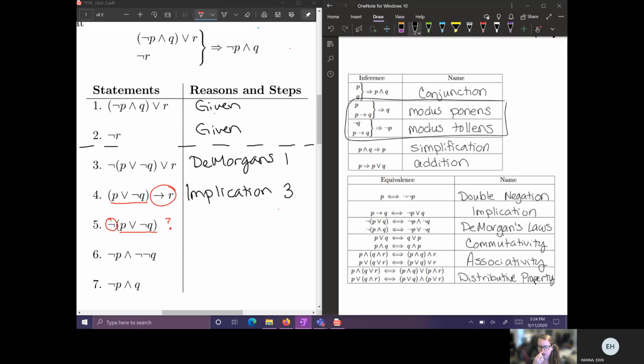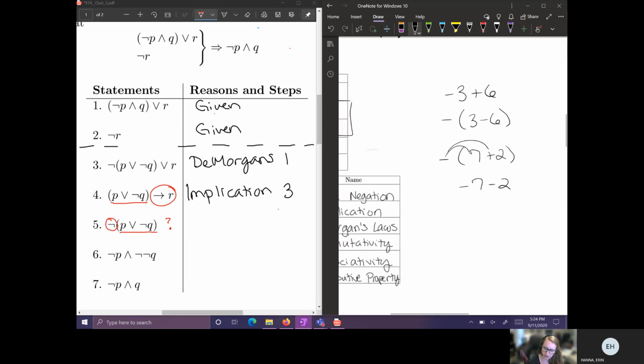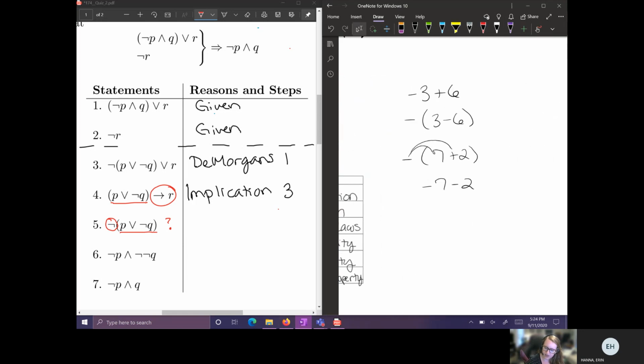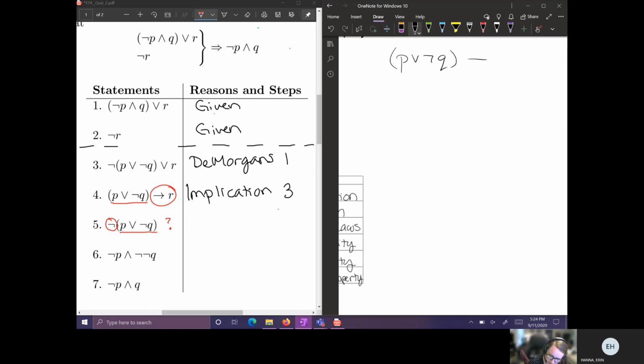So it looks like maybe we can use one of these modus rules here. Now, it might be hard to see which one, so let's come off to the side and look again at what we need to use each rule and what we would get. What we have to start with is this line 4, this something implies R. Let's look at what we would need and what we would get from each one of those rules: ponens versus tollens.